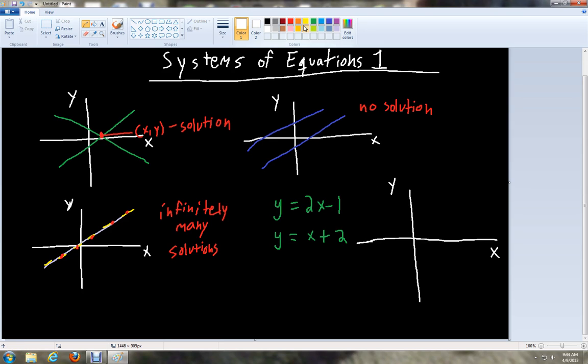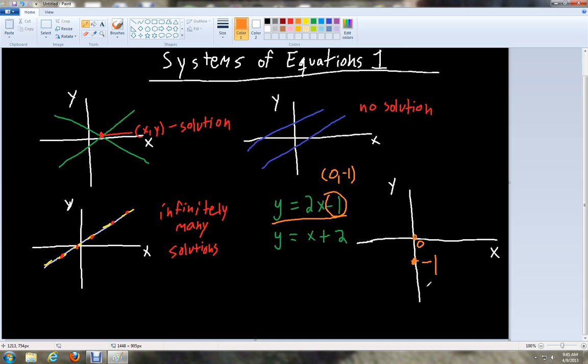So if we graph y equals 2x minus 1, let's look at the y-intercept. Negative 1 is b, so we have the point (0, -1). We'll plot that point: 0 here, and we go down 1.